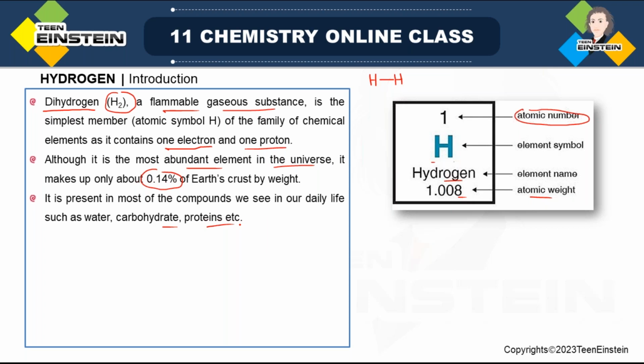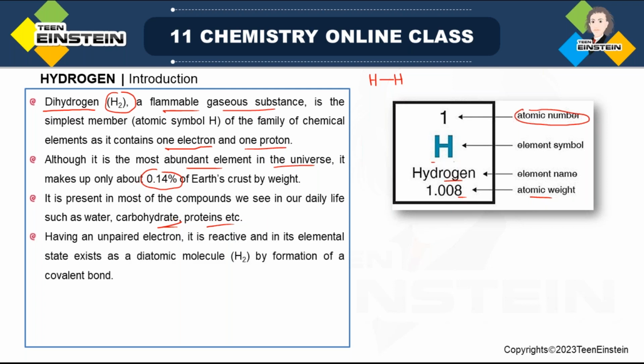Carbohydrates contain carbon, hydrogen, and oxygen, so hydrogen is present in them. Proteins are polymeric in nature, where the basic monomeric unit is amino acid, and there also hydrogen is present.